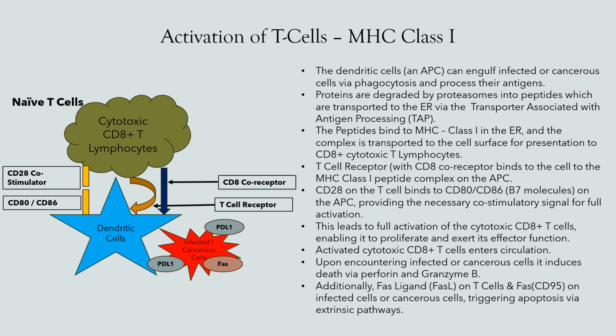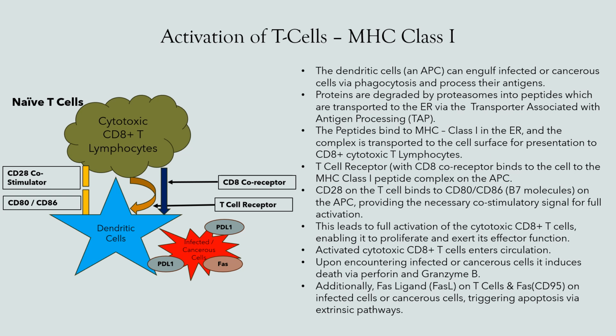The T cell receptors on the CD8 plus T cells, together with the CD8 co-receptor, bind to the major histocompatibility class 1 peptide complex on the antigen presenting cells. Then there is another stimulation that has to occur, and that's CD28 on the T cells.